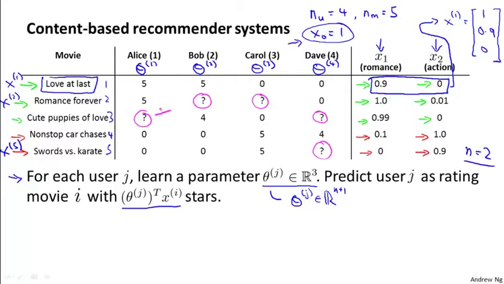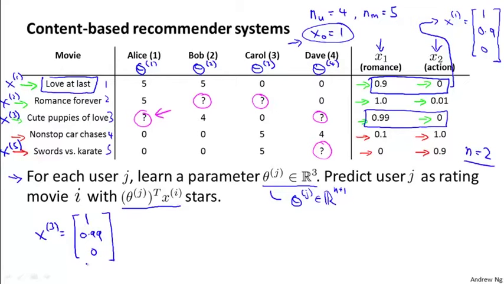So let's say we want to make a prediction for what Alice will think of the movie Cute Puppies of Love. Well, that movie is going to have some feature vector x3, where x3 is going to be equal to 1, which is my intercept term, and then 0.99, and then 0.